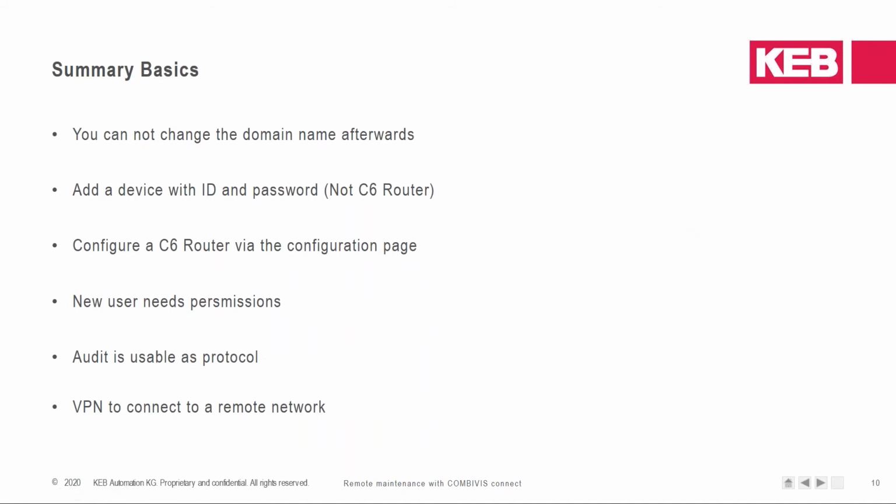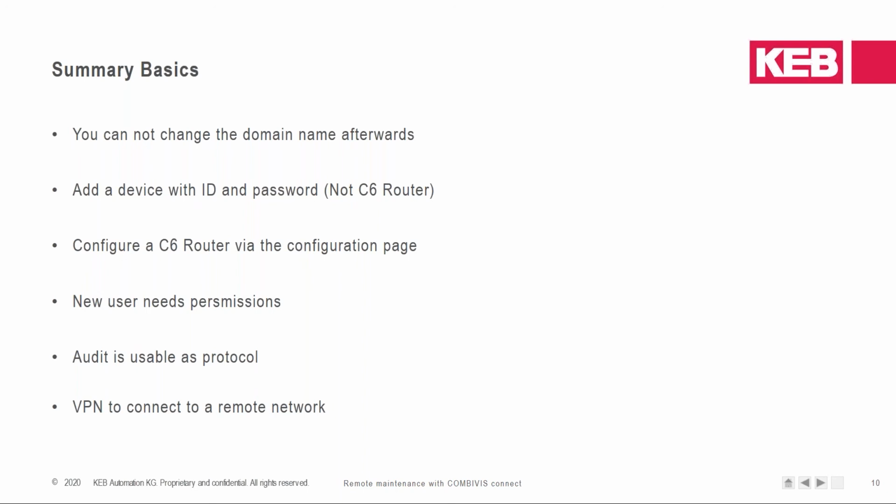So the summary of the basics. It's very important that you cannot change the domain name afterwards. You can add a device by the button add device with the ID and the password, but not for a C6 router. The configuration of the C6 router is only possible via the configuration page.